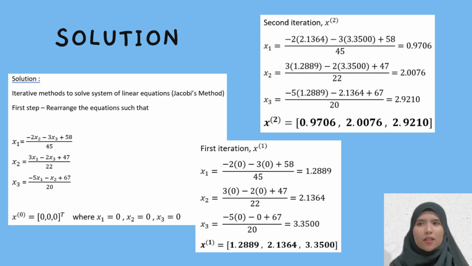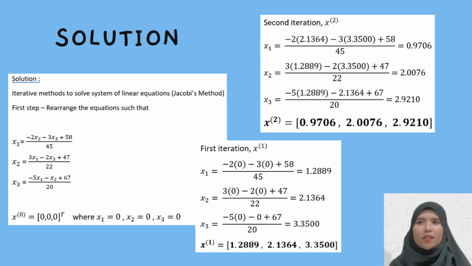For x2, 3x1 minus 2x3 plus 47 divided by 22, and x3 equals negative 5x1 minus x2 plus 67 divided by 20. To find x1, x2, x3, let's start with the initial estimate given as 0, 0, 0. So we start with x1 equal to 0, x2 equal to 0, and x3 equal to 0.